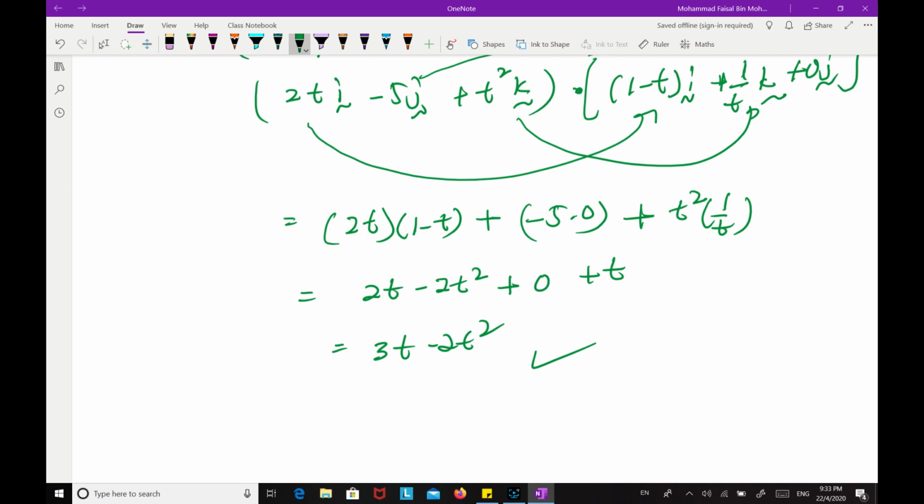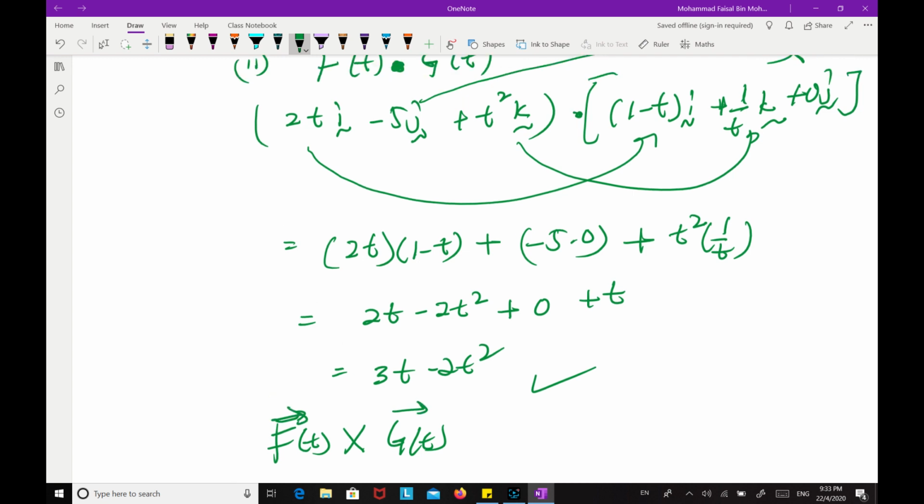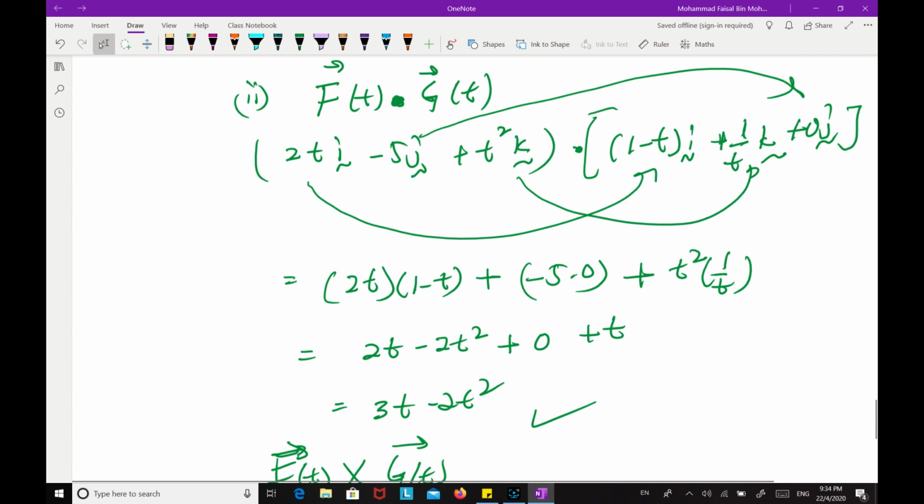Okay, next. Number 3, cross. f(t) cross g(t). Cross product will give you a vector. Dot product will give you a scalar. So this is a scalar.